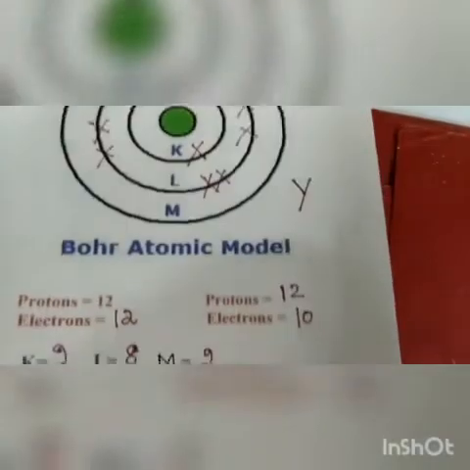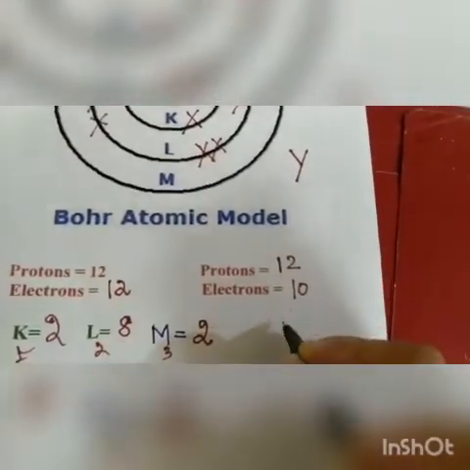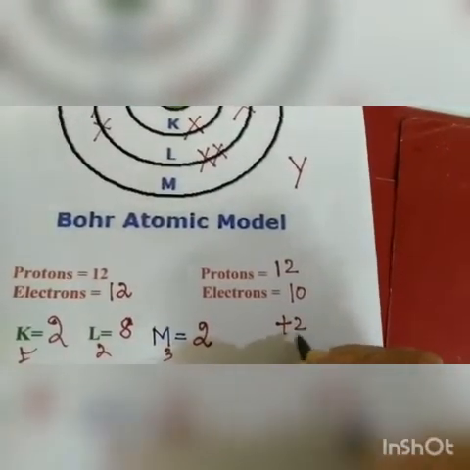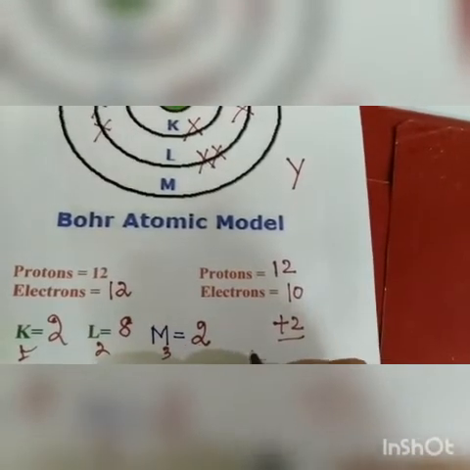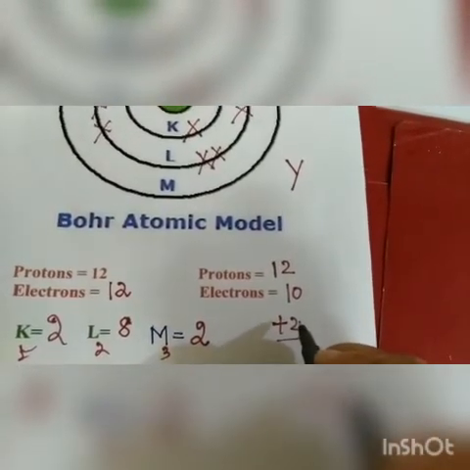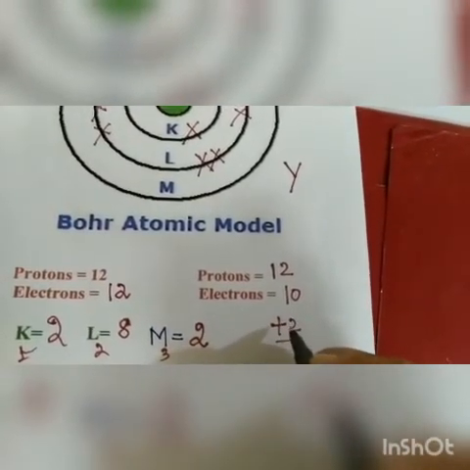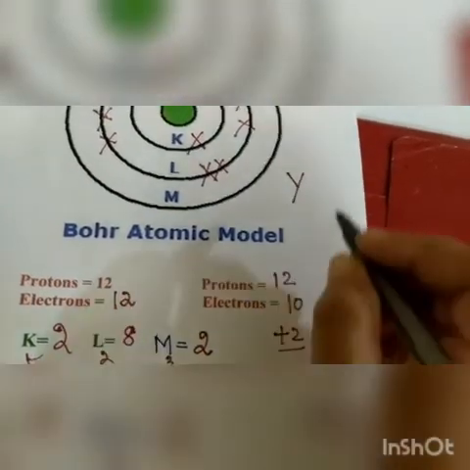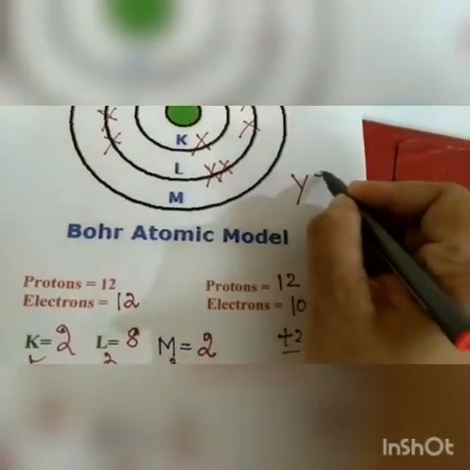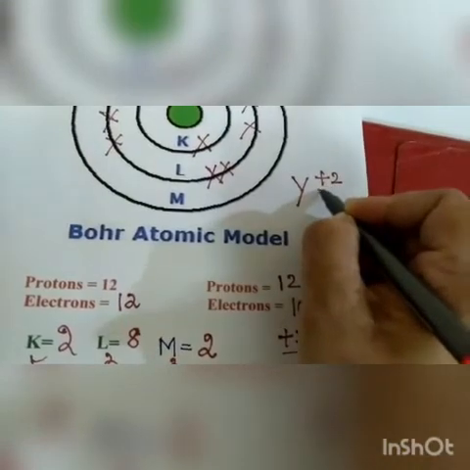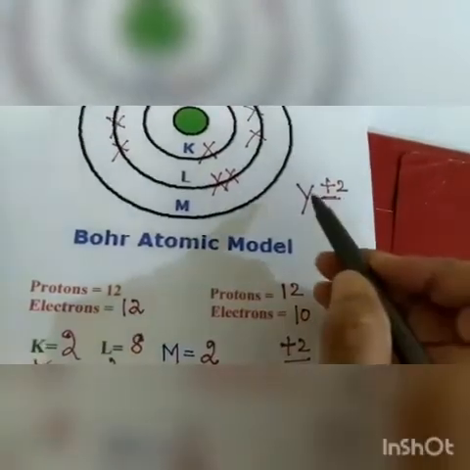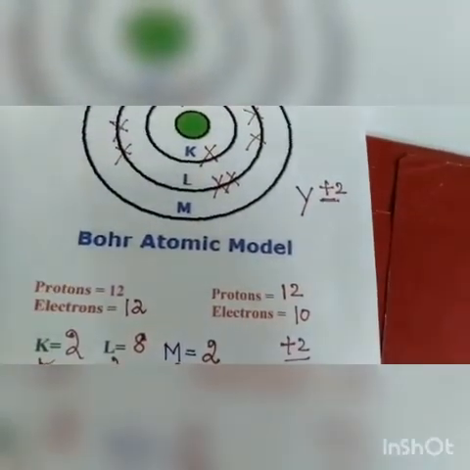So here there is 2 extra positive charge, because there are 2 extra protons. Now this atom will become Y plus 2. Since it is charged, it is called an ion.